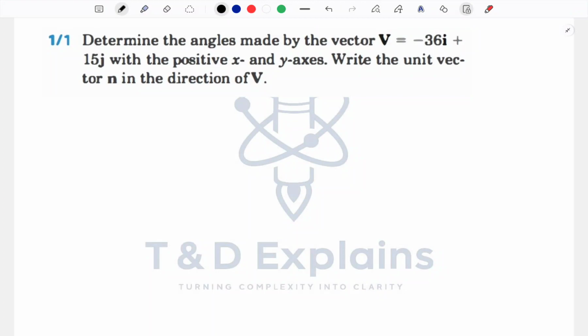As you can see, there are two parts of the question, and for the first part we are going to use something called direction cosines. By direction cosines, what do I mean? If we have a vector v, v makes an angle with the x, y, and z axis in 3D space.